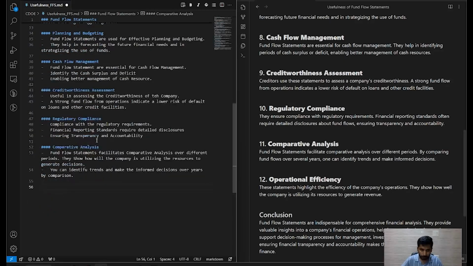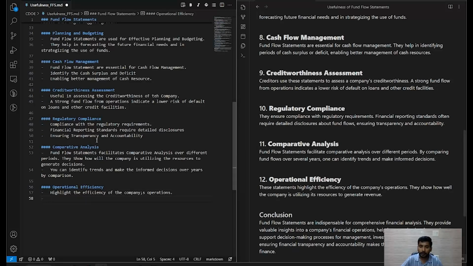Lastly, it is useful to identify operational efficiency. These statements highlight the efficiency of the company's operations.